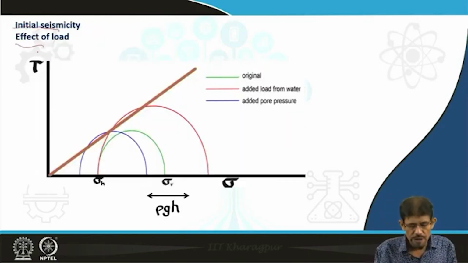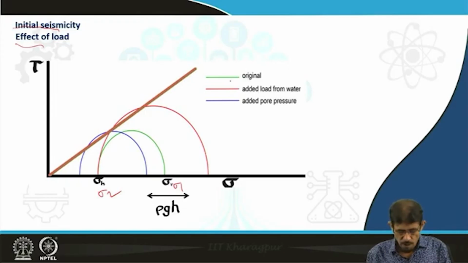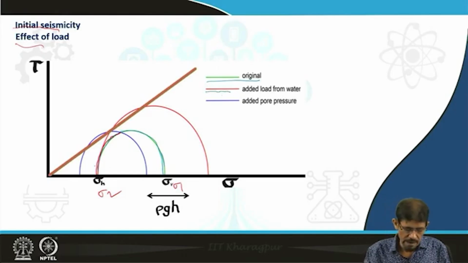Initial seismicity, if we look at it in view of the Mohr-Coulomb criteria, with horizontal and vertical stress distribution as sigma 1 and sigma 3 due to the lithostrata, you can see originally this zone indicates there is no failure when there was no water. Then when we add water, there is a development of 2 things.